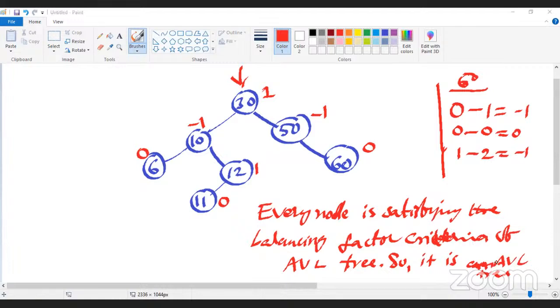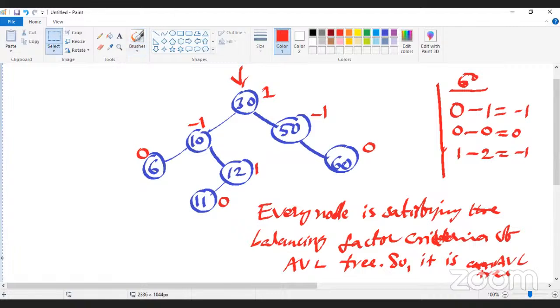Now, if it is not an AVL tree, then what should we do? What is the need of an AVL tree to maintain the height balance? If you take one small example, can I erase it?